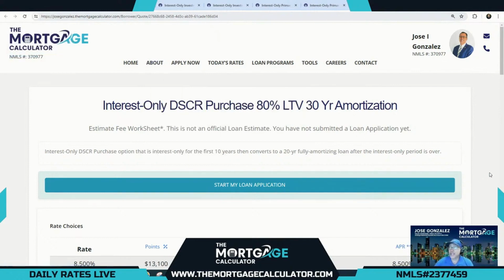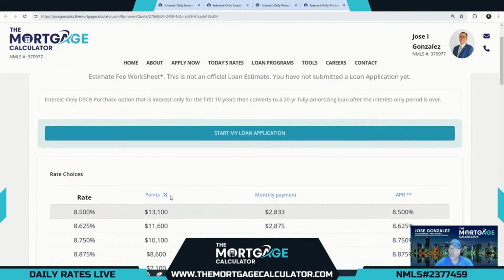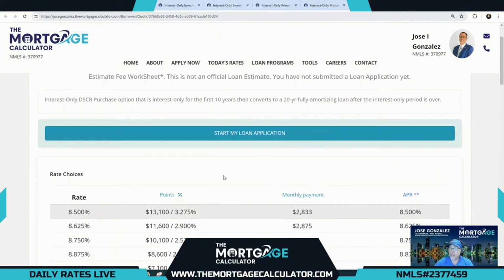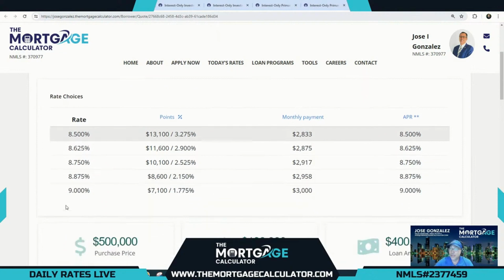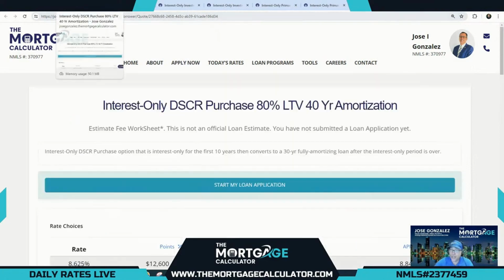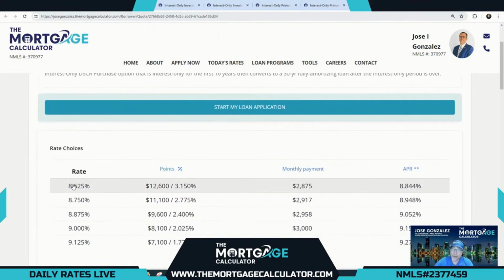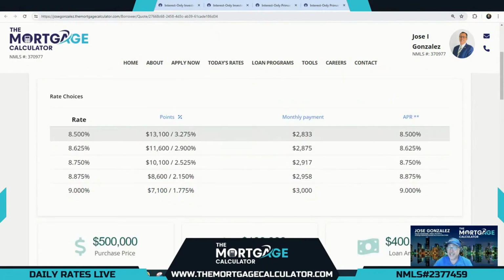And then our last option here, I wanted to show the 30-year amortization option. So you'll note the rate does drop just a little bit. Here you're at 9% is your lowest cost option, and you can buy that down to 8.5% for your 30-year option, whereas your 40-year option is about 0.125% in rate higher, and almost the same cost.